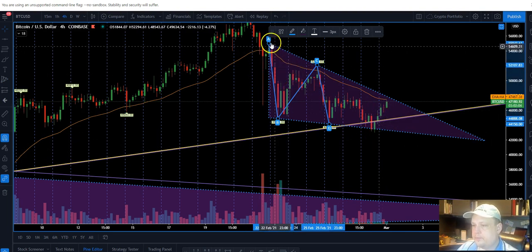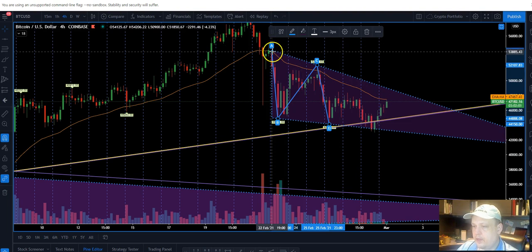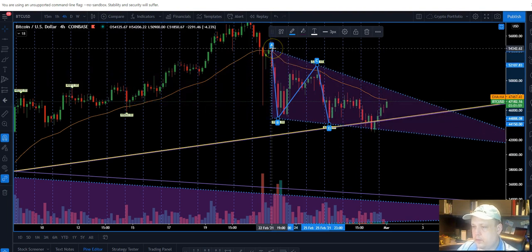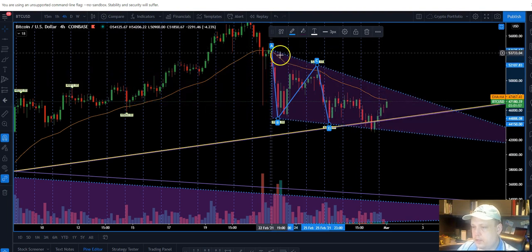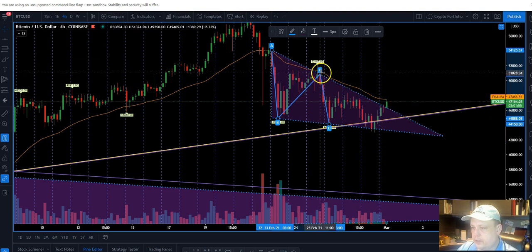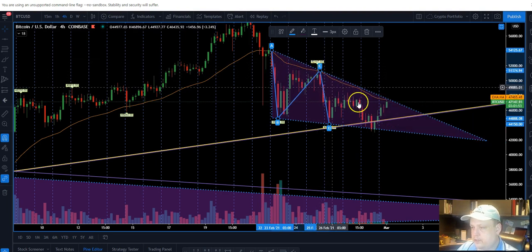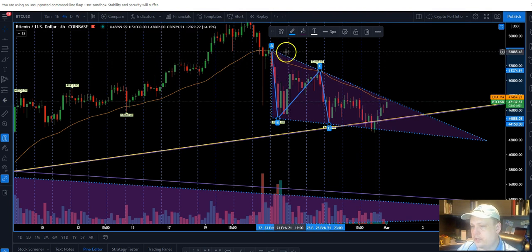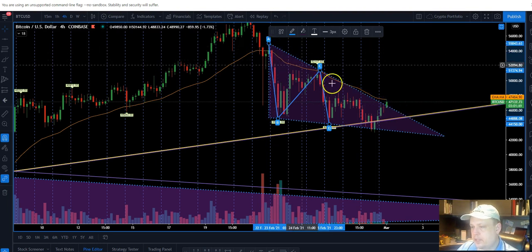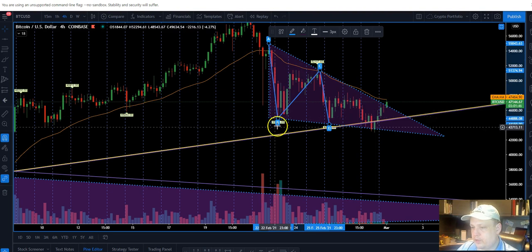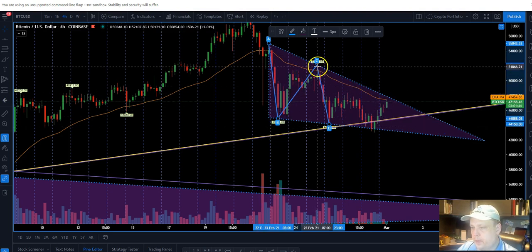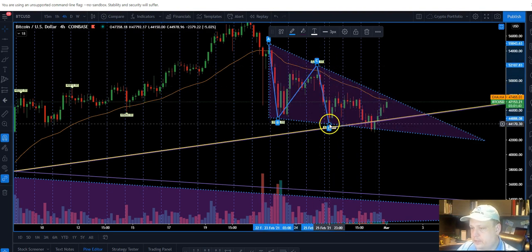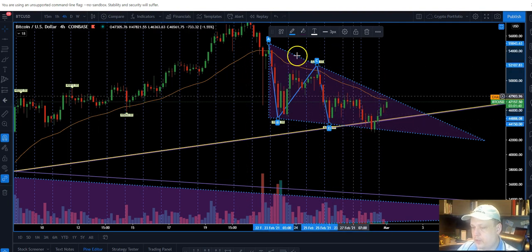And depending on if you're going to the bodies or the peaks, you're going to get different results. If you draw it like this, it looks like it's either way. But if you draw it to the wicks, it is actually still in the wedge formation.